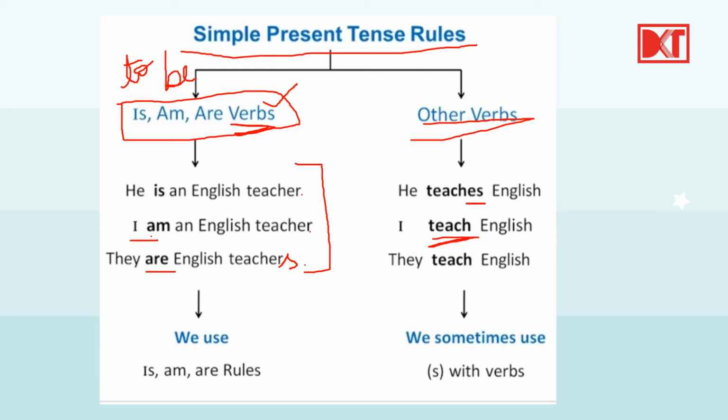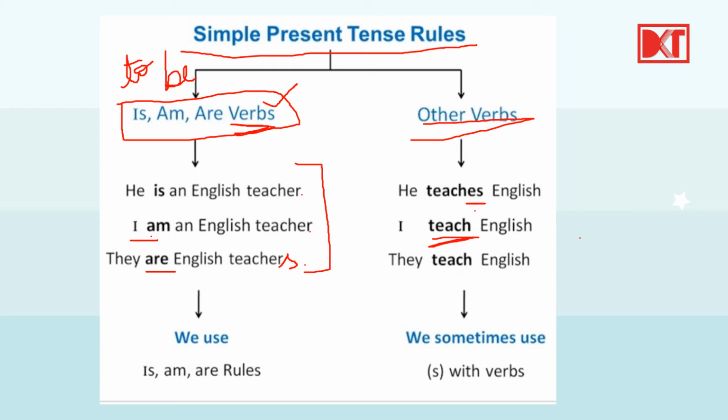For example, here you see alongside I, we get I teach English. Right, the first form of the verb. And then with he, we use he teaches. And then they teach English.